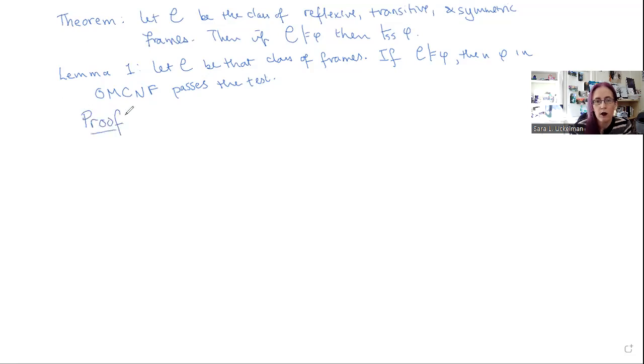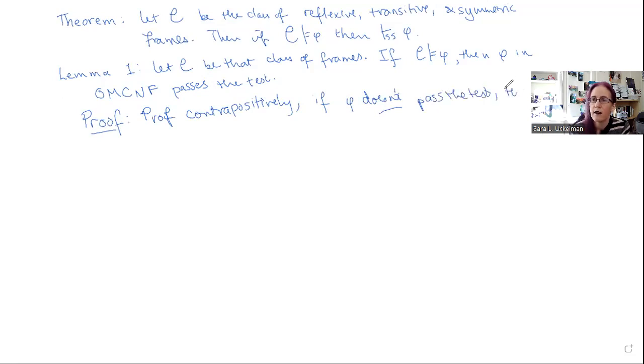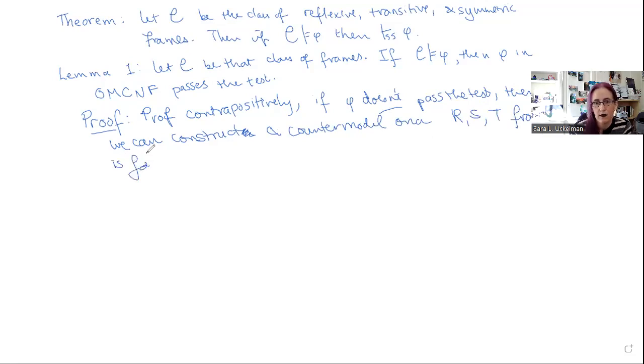So the way that we're going to prove this is contrapositively. That is, if phi in ordered modal conjunctive normal form doesn't pass the test, then we can construct a countermodel on a reflexive, symmetric, transitive frame where phi is false.